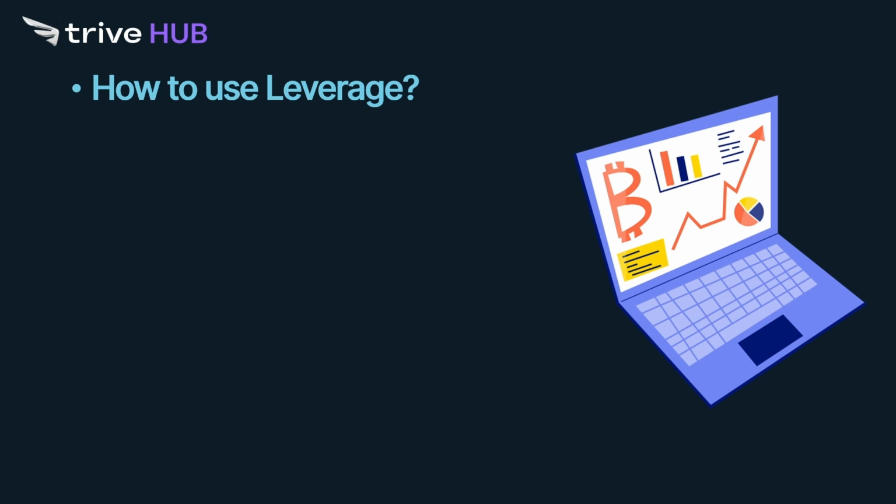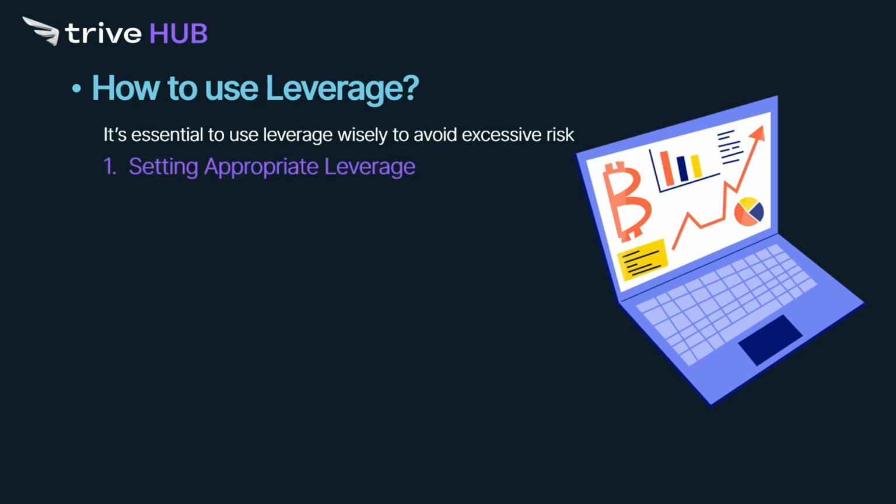Let's see how you can use leverage. First of all, you have to decide your risk capacity and then evaluate how much leverage is suitable for you and your risk tolerance, and how much leverage is supported by your trading strategy. And how will you know all this information? By backtesting your strategy.